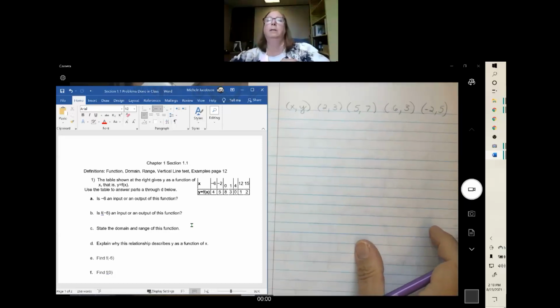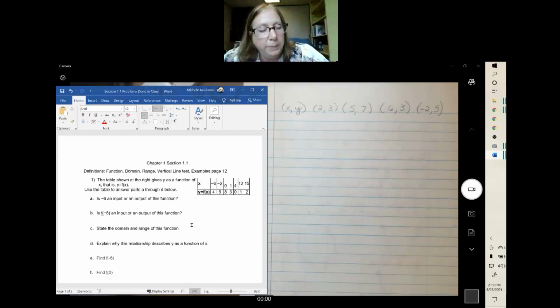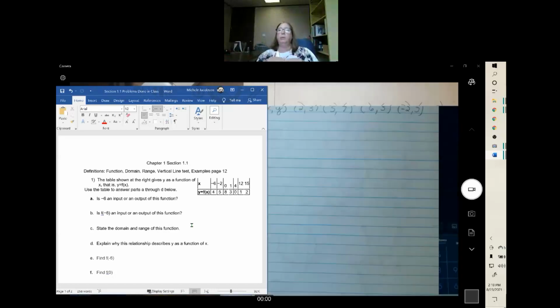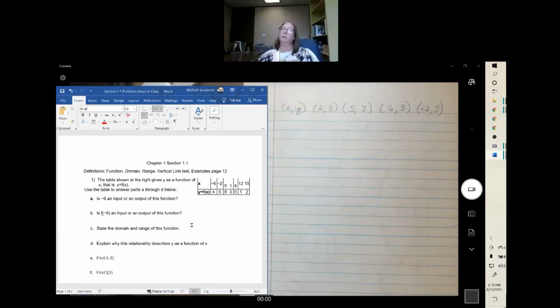So if we had this set of points and we wanted to decide if it's a function or not, now what we want to make sure is the x doesn't repeat, because if your x gives you two different y values, then it's not a function.